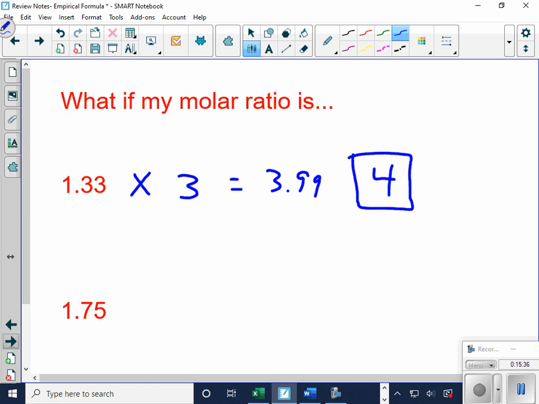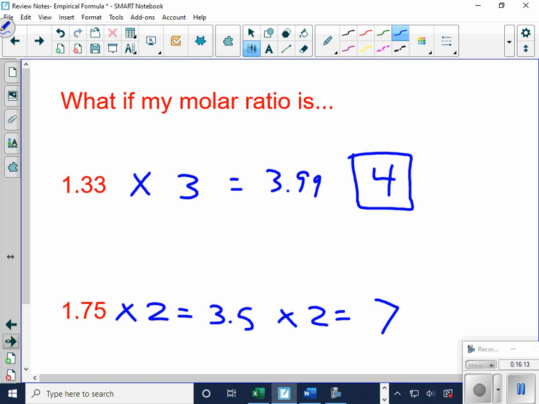Okay? What if I would get a 1.75? Well, let's just start out by saying, what's 1.75 multiplied by 2? Well, that gives me 3.5, right? Is that any closer to the whole number of what I just had? No. What would I have to do with this one then? Multiply it by 2 again, correct? So if I multiply 3.5 by 2, that gives me 7.